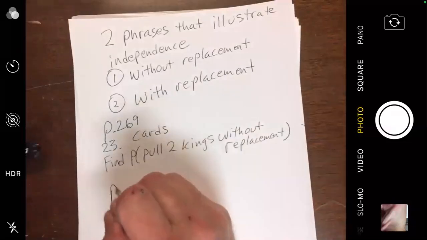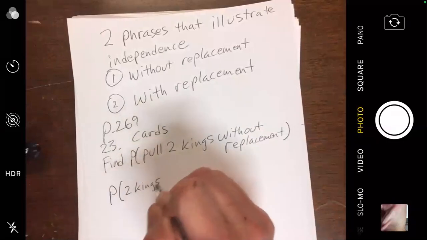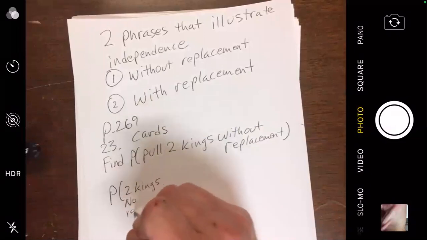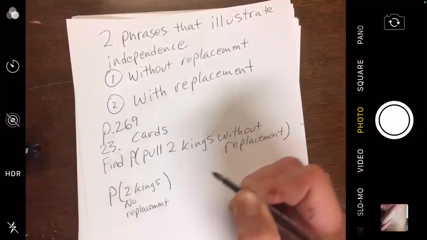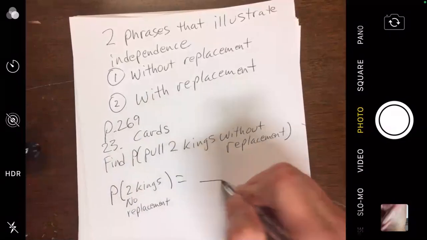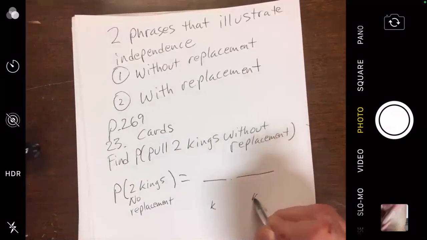Okay, here's the way it works. 2 kings. No replacement. You take 2 slots. First one's a king, second one's a king.